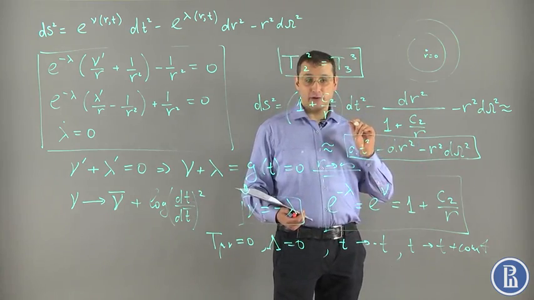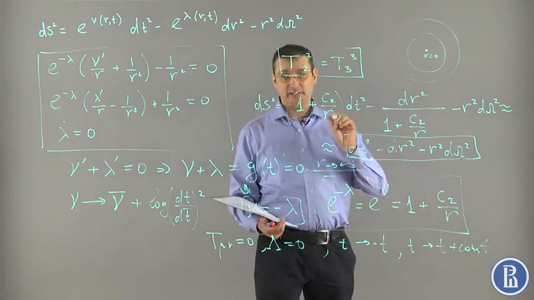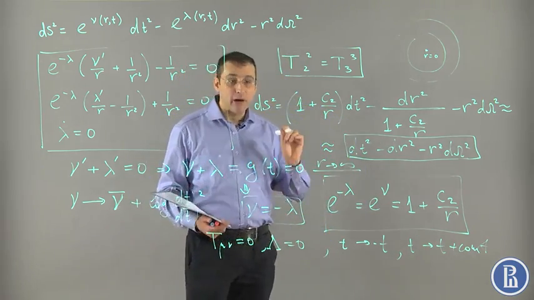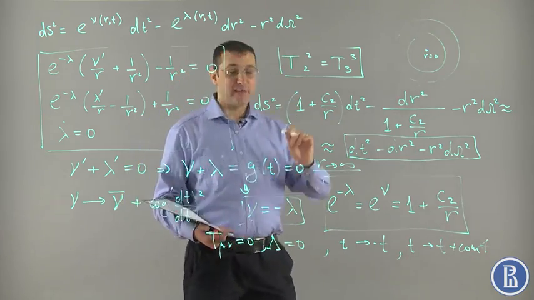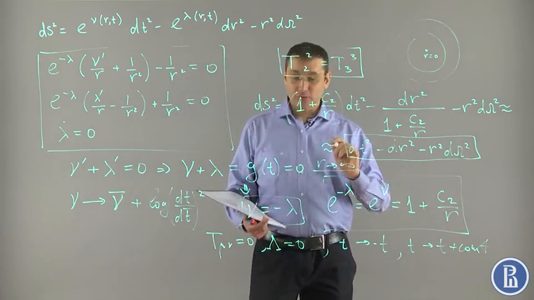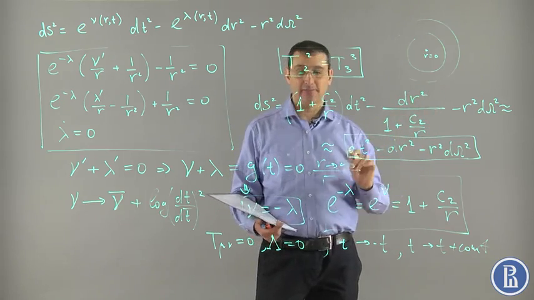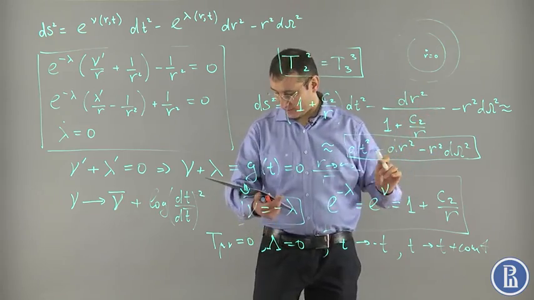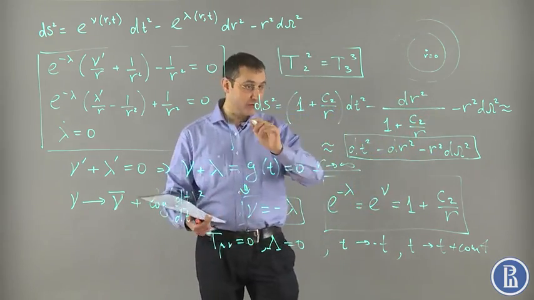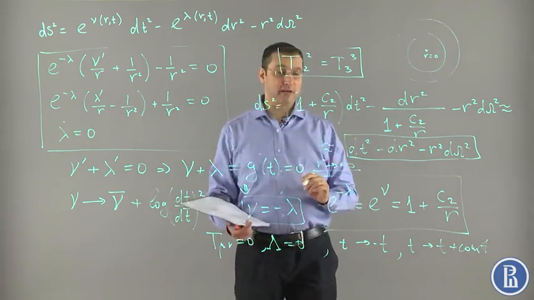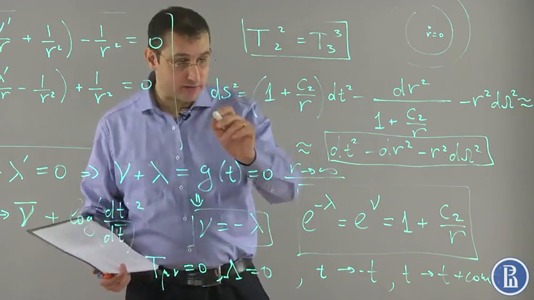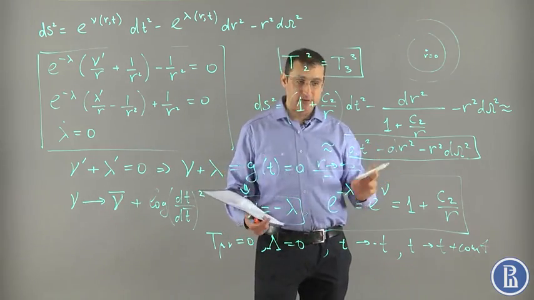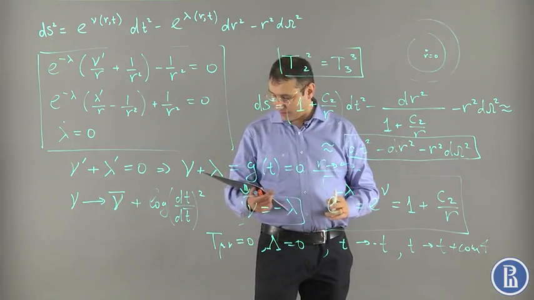At this point, let me stress that this property is very similar to what we encounter in Maxwell's theory, where the spherically symmetric solution that goes to 0 at spatial infinity is also unique, and that is the Coulomb potential. So in Maxwell's theory we have an analog of this situation, but in the general theory of relativity this Birkhoff theorem has deeper consequences, as we will see in upcoming lectures.